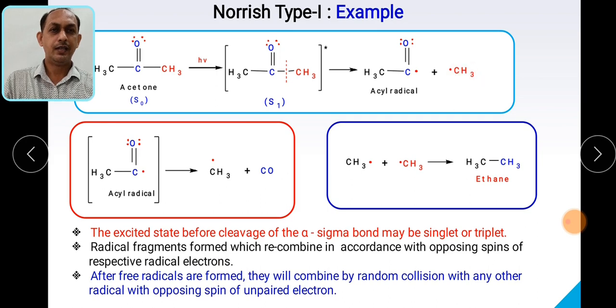So these two radicals must have opposite spins, one with parallel spin, another with anti-parallel spin. After free radicals are formed, they will combine by random collision, colliding with one another with opposite spins of unpaired electrons.